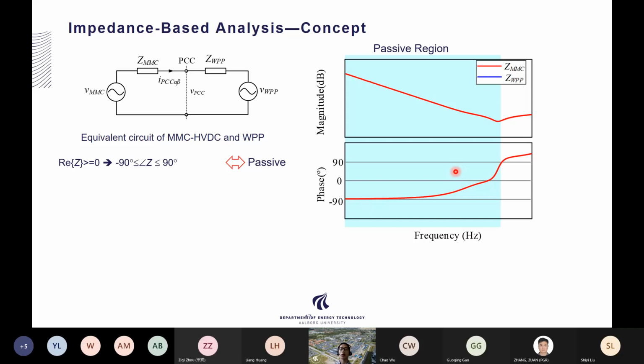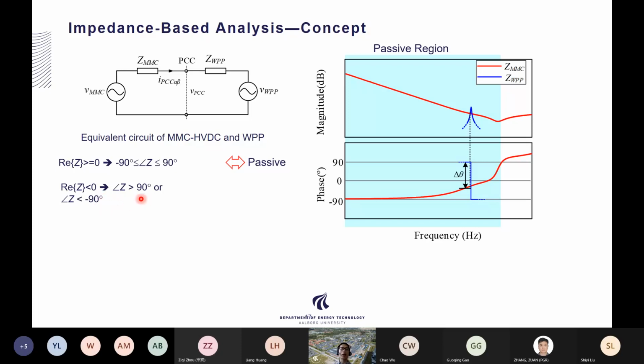So there is no risk of unstable operation, because since the phase angles of both impedances are within that range, the phase difference at the magnitude intersection point will never cross 180 degrees, so the system will always be stable. But in contrast, because of the control dynamics, the real part of the impedance could be negative, which means that there is some control-induced negative damping.